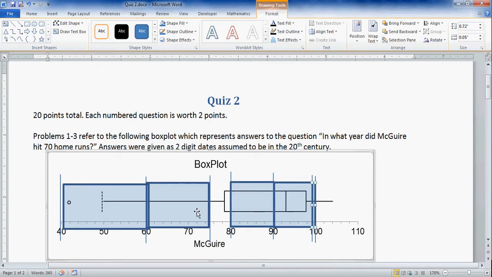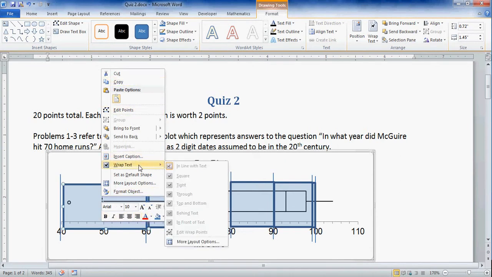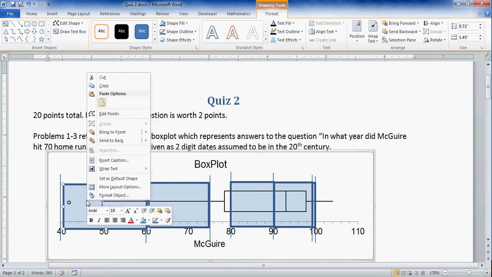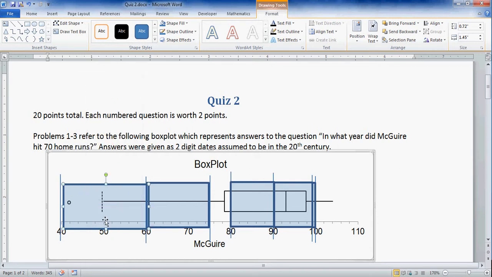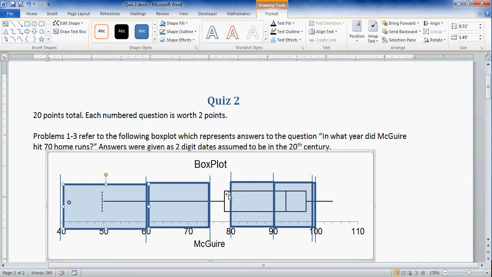Okay, so let's look at these four chunks here. The first one. This first range, you notice that the quartiles divide the data into fourths.